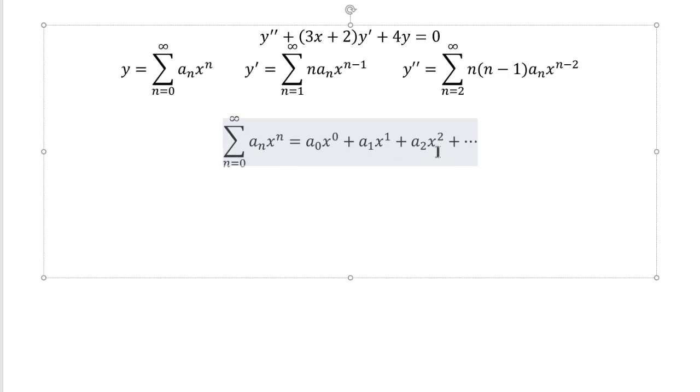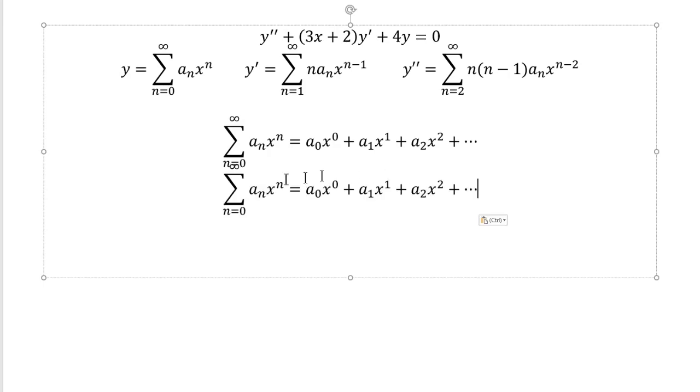And of course, if you differentiate this, these numbers on top will come down. And by the way, x to the 0th power is just 1, so this is a constant term which will go away. That means that the derivative will start from here. So let me show you what the derivative looks like.